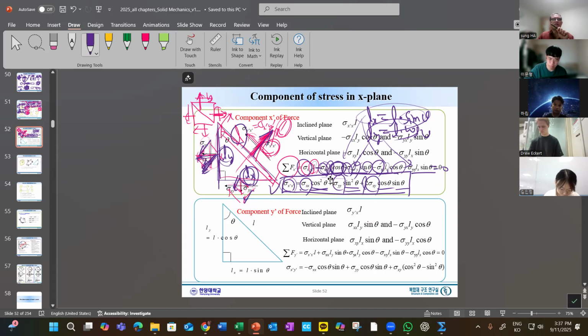Because the first cosine or sine comes from the vector transformation, the vector decomposition, and the other one is the cross section reduction. So this is how we got this. I know it's a little complicated, but these are the really important equations which govern what is going on and what kind of internal forces will happen on any plane.